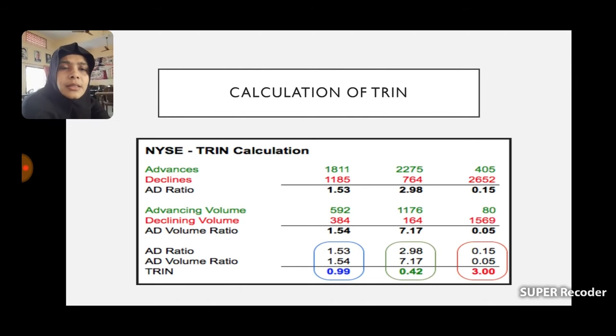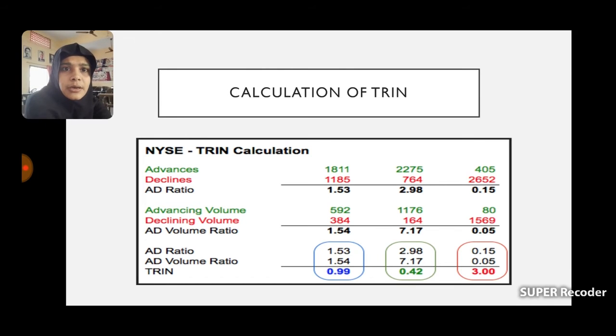Okay, then we can calculate TRIN by using the equation advancing issues divided by declining issues, whole divided by advancing volume divided by declining volume. Here with an example we can calculate TRIN. In the first case, the advancing issues are 1811 and declining issues are 1185. So the advancing issues divided by declining issues is equal to 1.53.